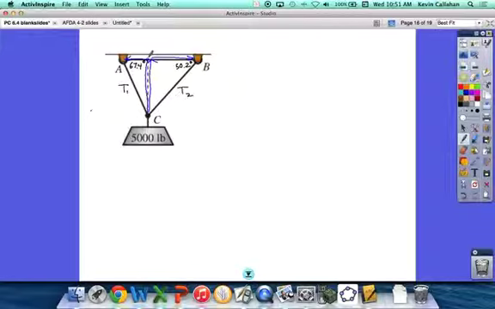Right? It's not moving side to side. So what does that tell you about the balance of this arrow, which is pointing to the left, and this arrow, which is pointing to the right, if it's not moving left or right? They're equal. So one of our equations will set this component equal to this component. And then what do we know about these two components? They're pulling up and exactly balancing 5,000 pounds pulling down. So they add up to 5,000. So there's your two equations with two variables, and you solve the system, right?